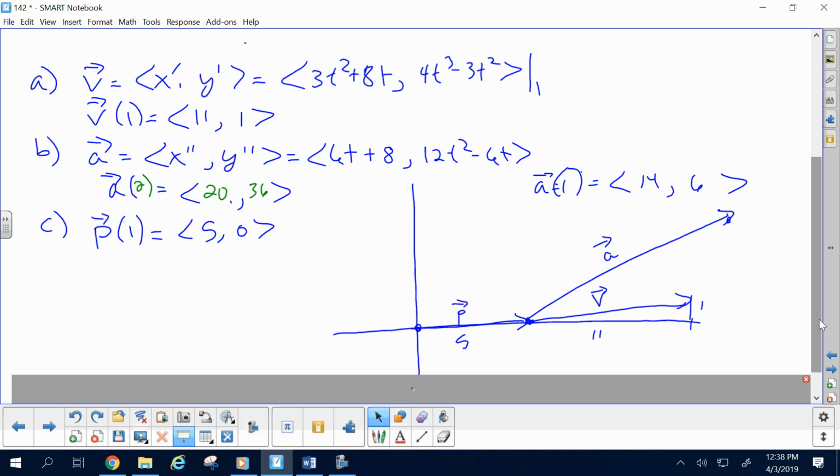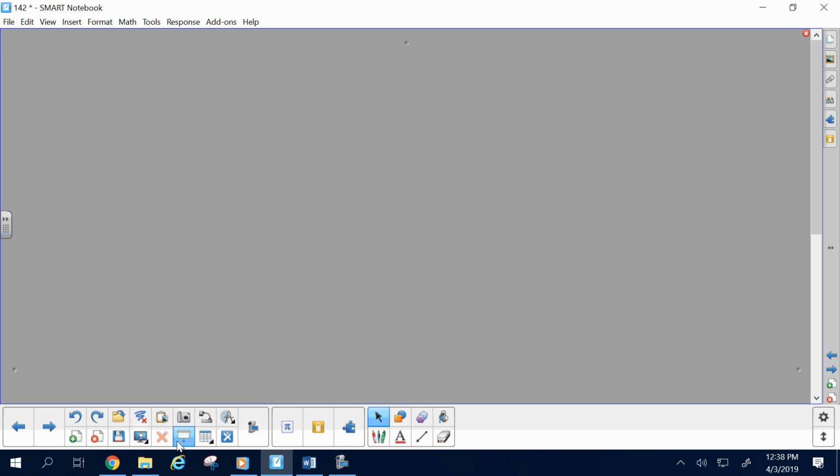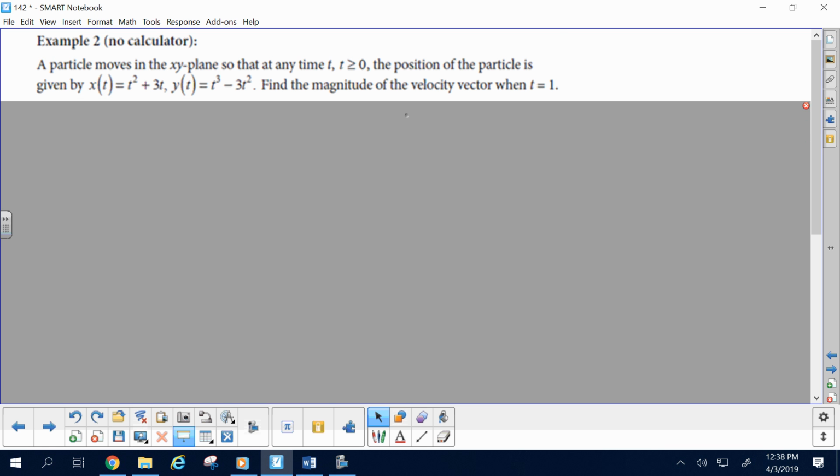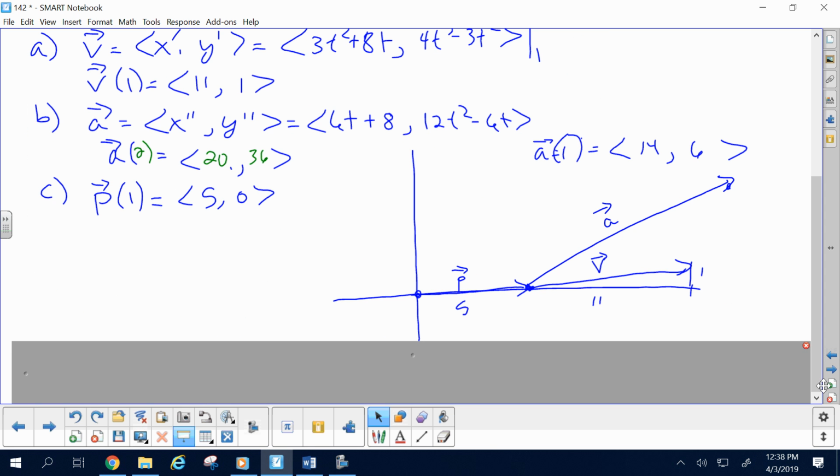Okay? How about the backside? Sure. Can you explain your graph? Sure. So, first of all, do you agree with the position vector being 5, 9? Yeah. So that's right 5, up 9. The velocity vector of 11, 1 is right 11, up 1.